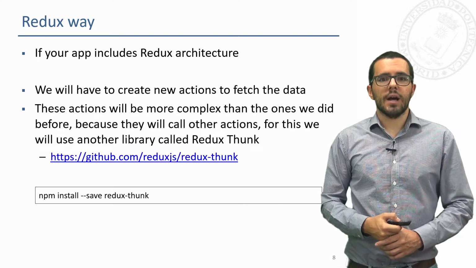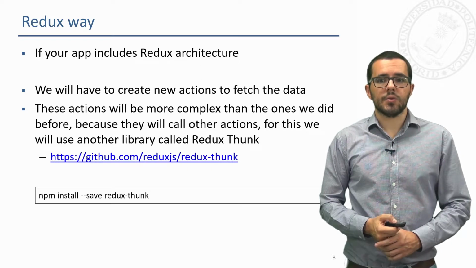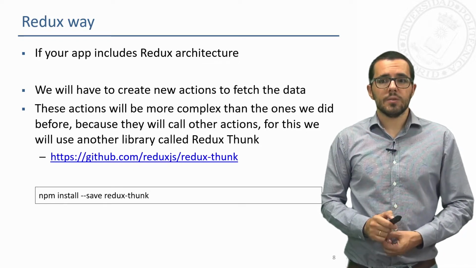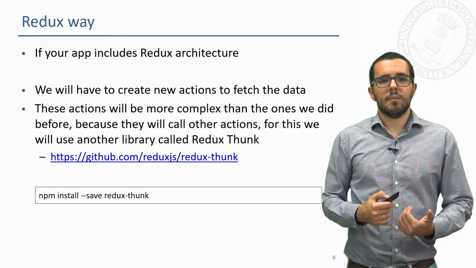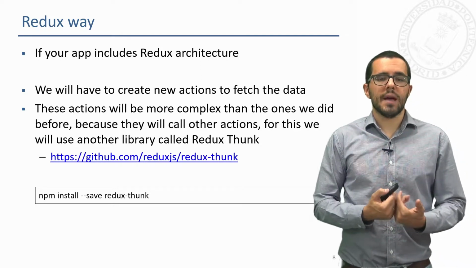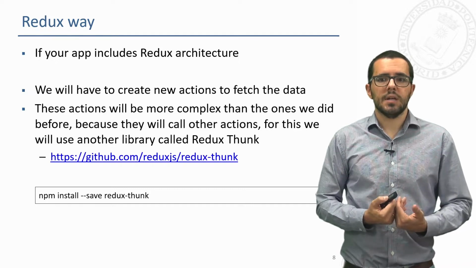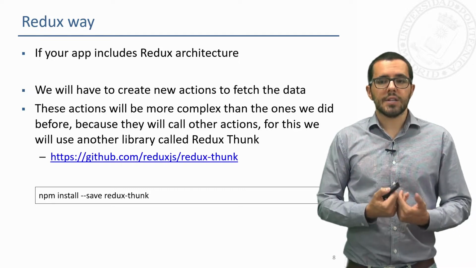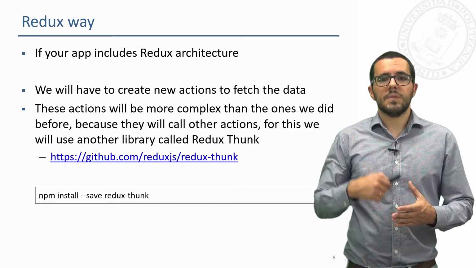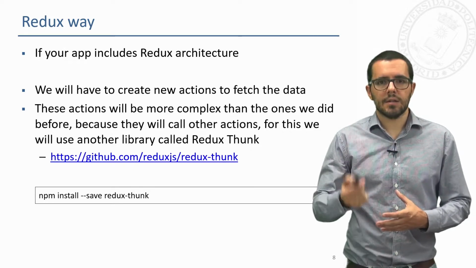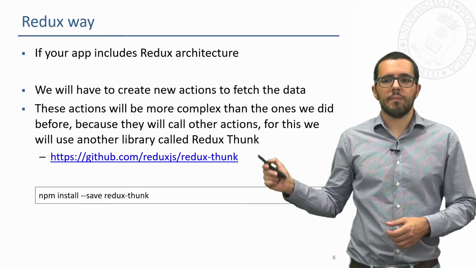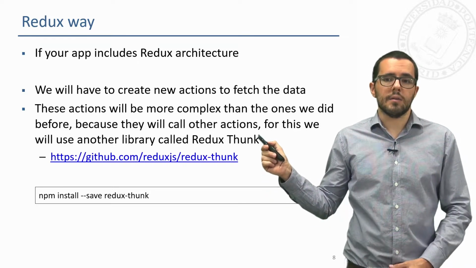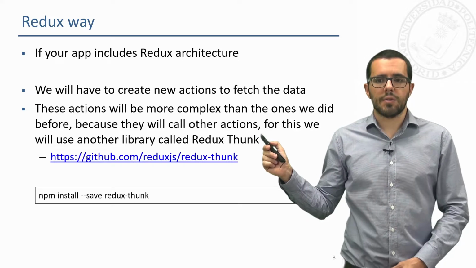What happens if we have Redux architecture? We will need to create new actions, but more complex actions. Remember, actions are just plain JavaScript objects, but in this case we will need actions that delay or do async operations. For that, fortunately, we have a middleware, a library called Redux Thunk.